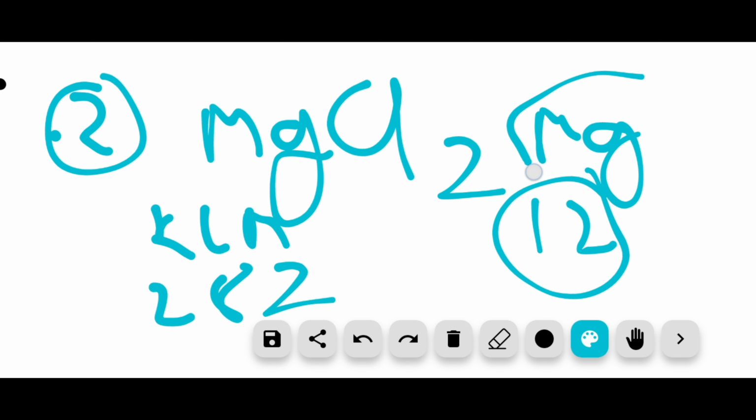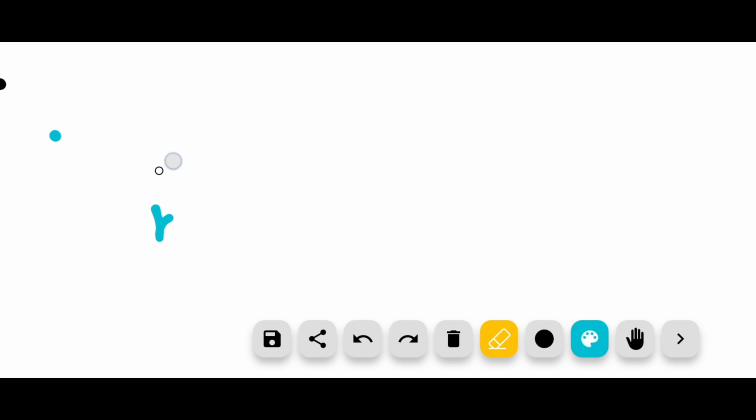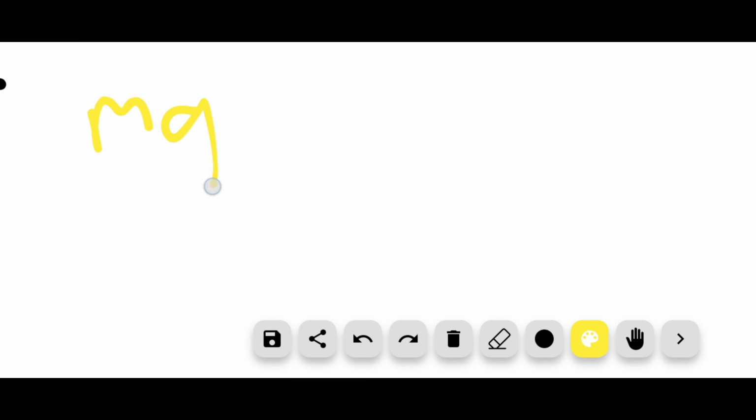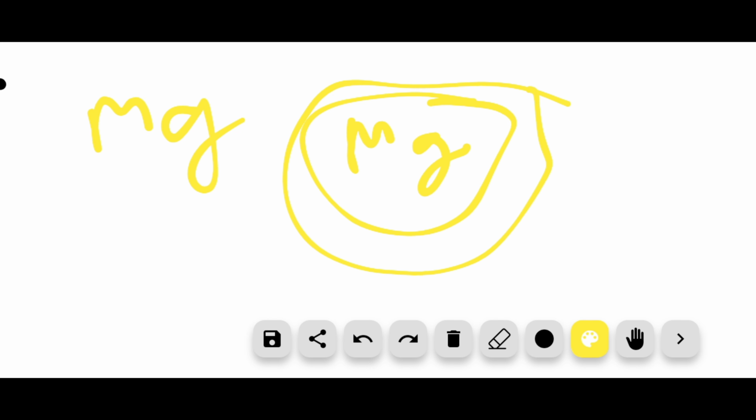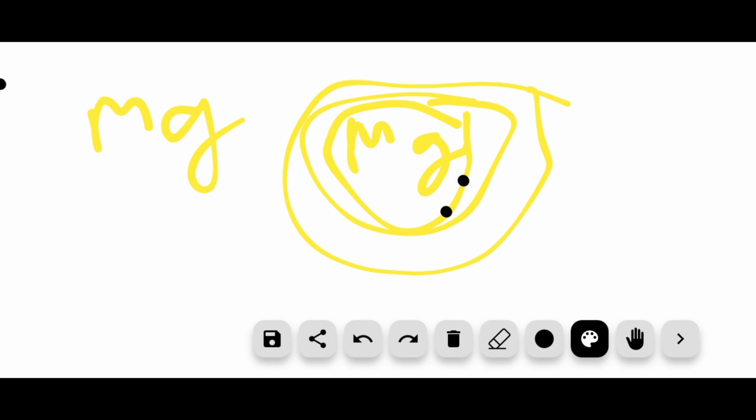Now let's draw the structure of magnesium. Here magnesium Mg, first orbit, second orbit, third orbit. So we draw the electrons: 2, 8, and 2.